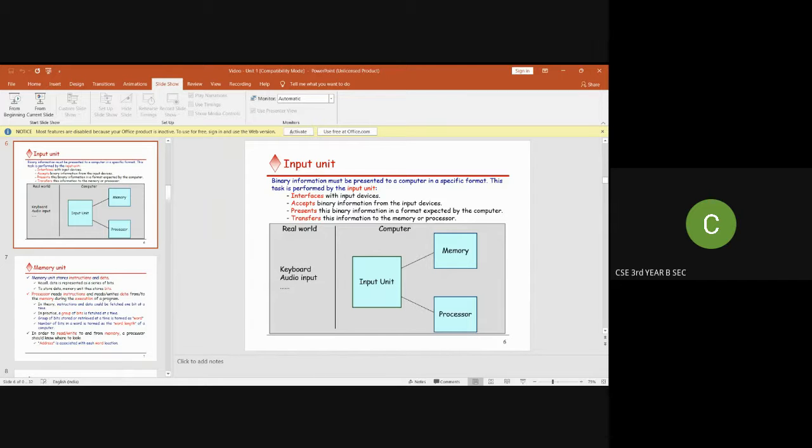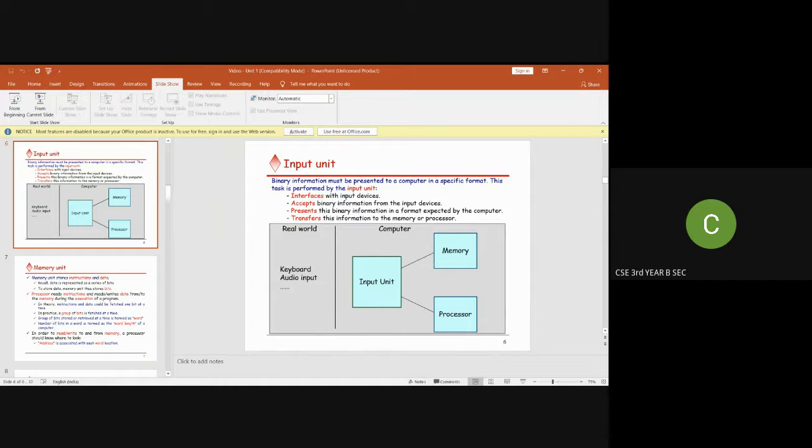We are going to see in some detail the input unit. The binary information must be presented to a computer in a specific format. This task is performed by the input unit. The user needs to feed some data to the computer through the input unit, and this input unit gets the input and transfers it either to the computer memory or the processor.